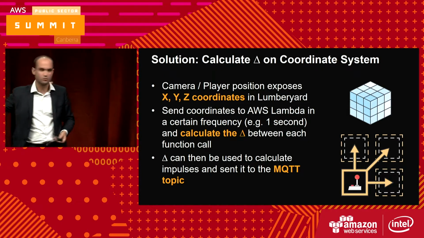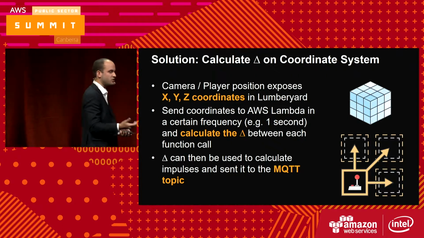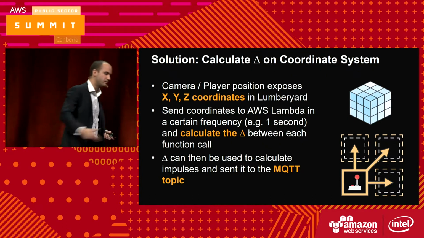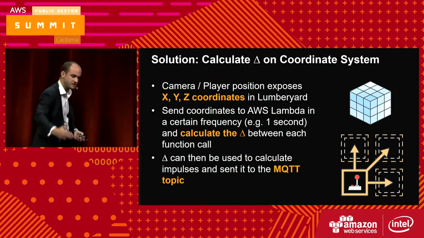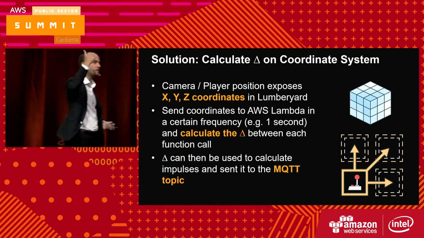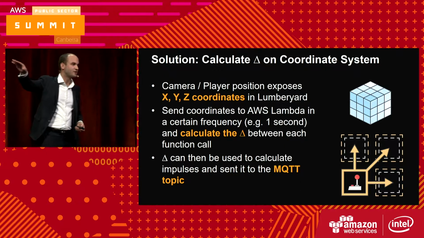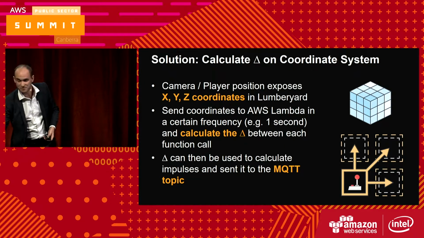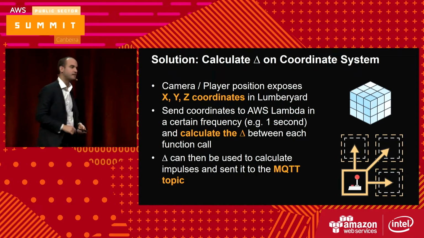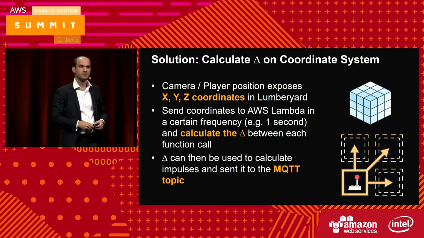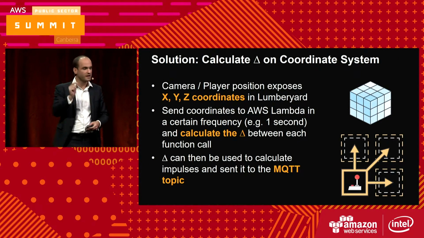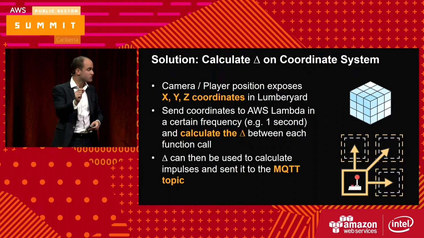So in the virtual world, we get a coordinate system. Generally, that's x, y, z, with x, y being the 2D aspect, and the z coordinate being the robot jumping. Now, I did scrap the z component because this guy can't jump quite yet. So I had to look at the x, y coordinates of the camera that is exposed. I'm going to take the position at a certain frequency.